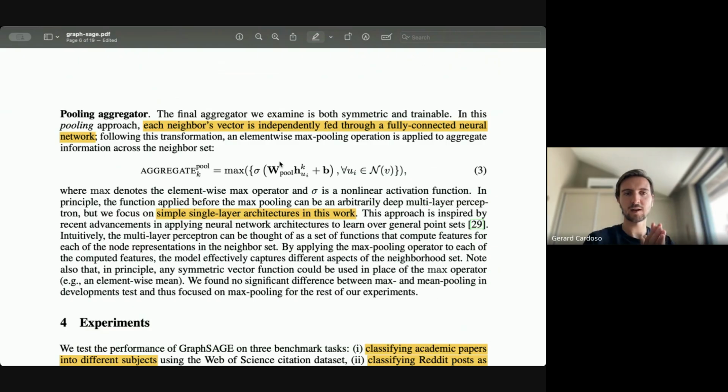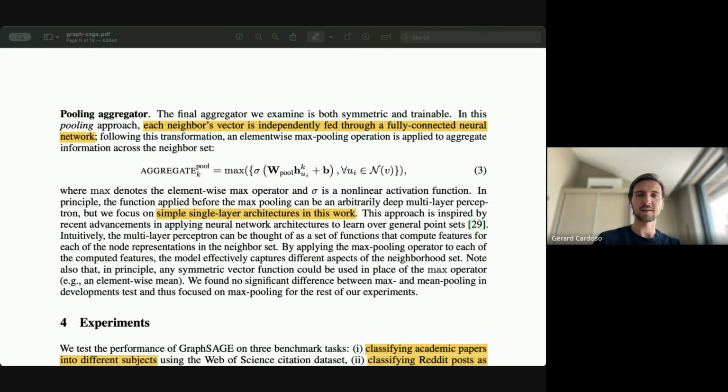So you can decide how you want to pool them, but they find there's not much of a difference between max and mean, so they use max in this case. But this is quite cool. Effectively, the aggregator function we're learning here is a simple single layer neural network.